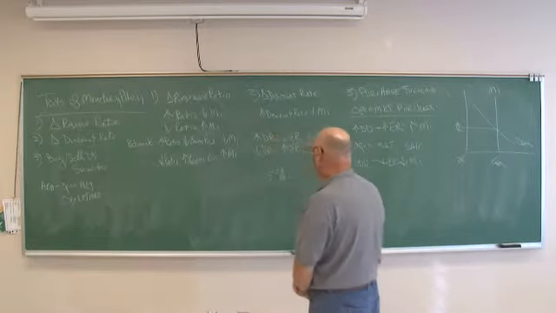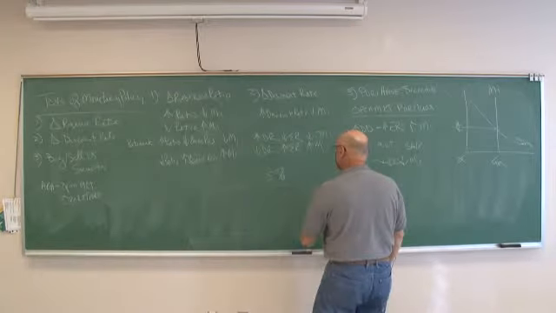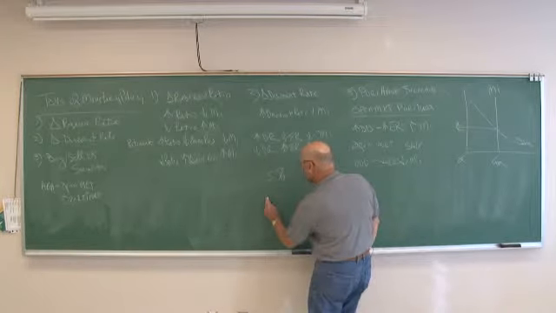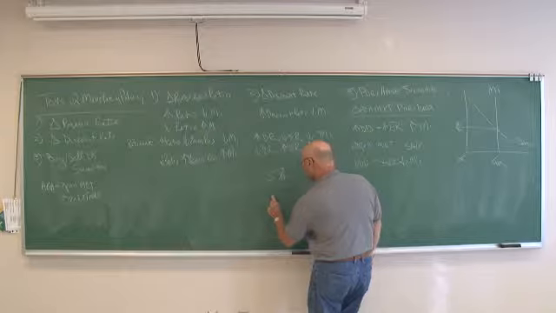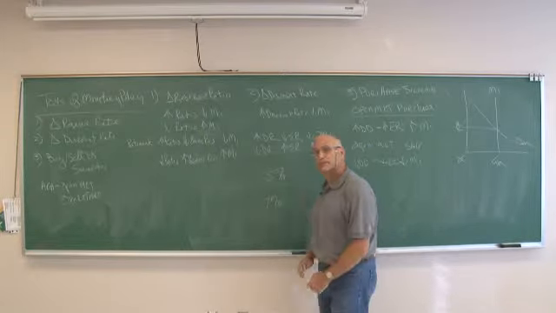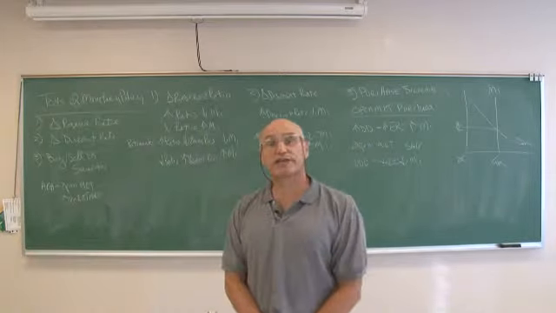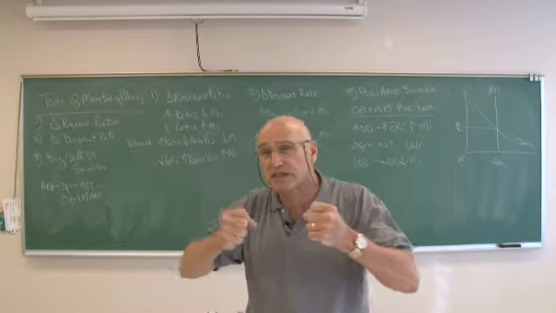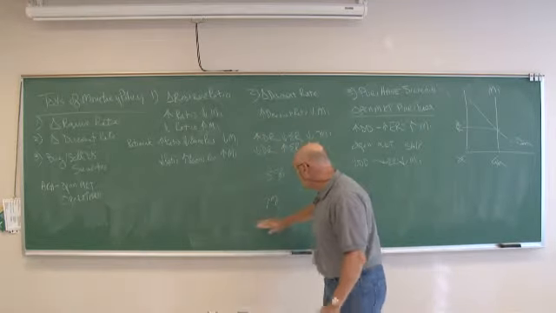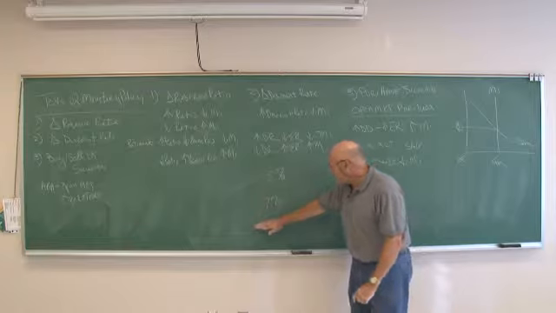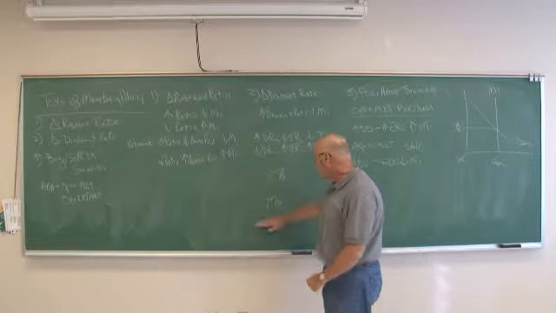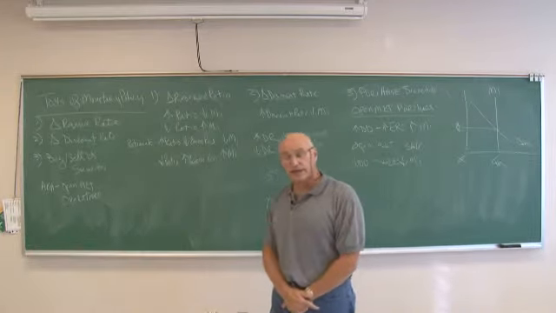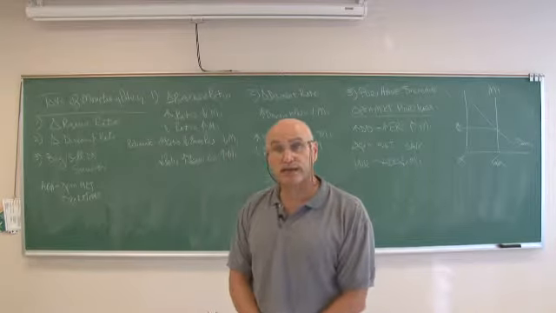Let us assume the Fed comes in and says, okay, now we're going to charge 7%. Perhaps we are experiencing inflation and we want to stop the banks from lending. So the Fed will raise the discount rate from 5 to 7%.